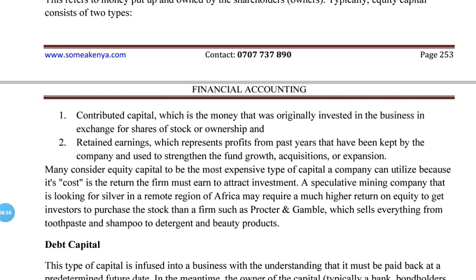A speculative mining company that is looking for silver in a remote region of Africa may require much higher return on equity to get investors to purchase the stock than a firm such as Procter & Gamble, which sells everything from toothpaste and shampoo to detergent and beauty products.